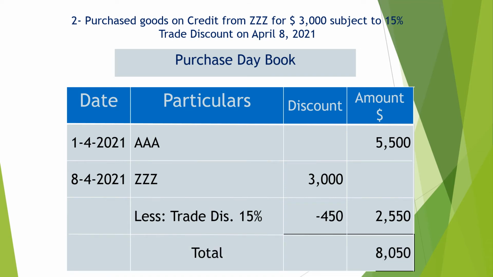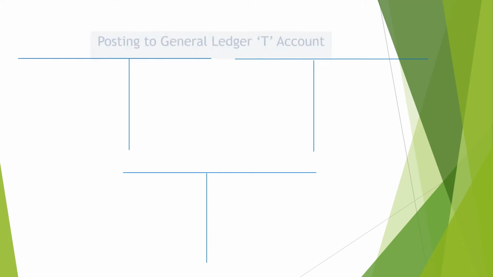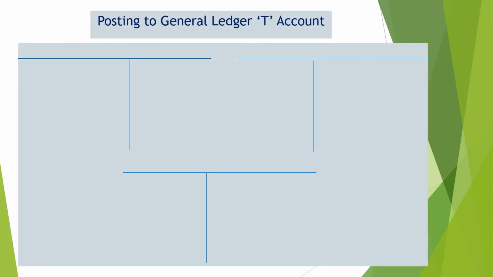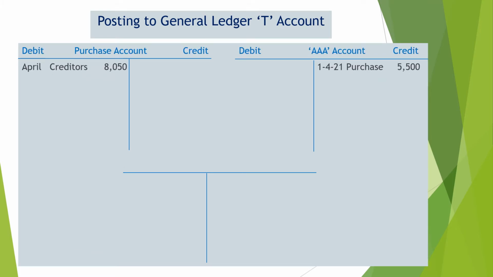Now this is the total, assuming that this is the total of the purchase daybook for the month of April. Now we are going to post the purchase daybook into the ledger account. This is the posting to the general ledger T account, where we will open the purchase account and the creditors account.